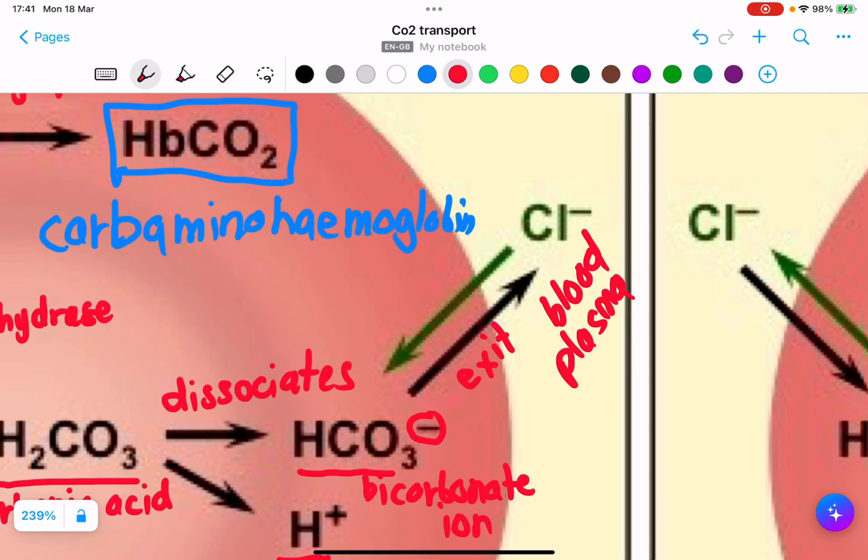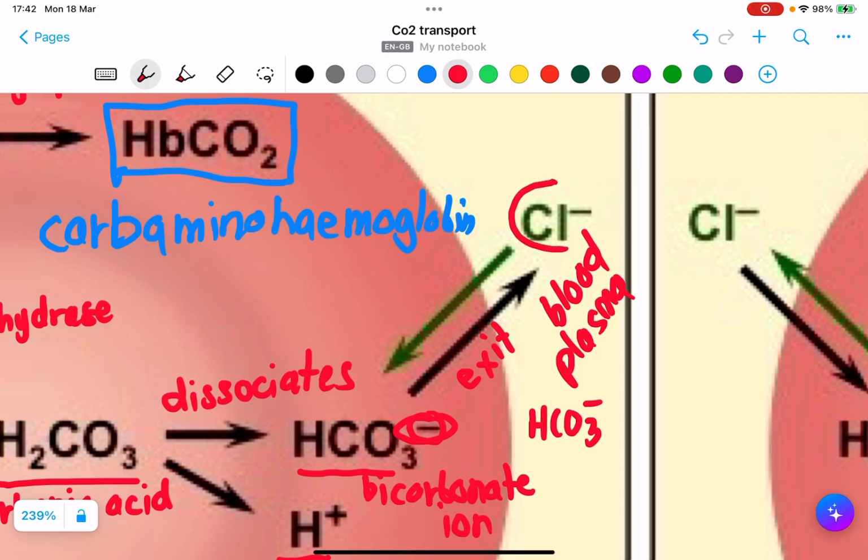So untuk mengelakkan red blood cell ni dia punya electrochemical balance tak sama, sebab satu charge negatif ni telah keluar. Maksudnya HCO3 minus ni keluar daripada red blood cell, masuk dalam blood plasma. So satu charge negatif dalam red blood cell telah hilang. Jadi kita kena ganti balik dengan charge negatif juga.